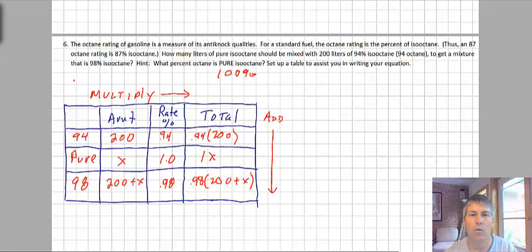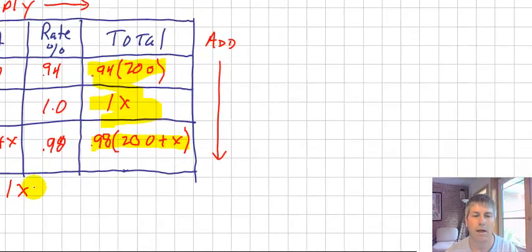So now we can set up our equation. Our equation is the addition of the total column to our final total amount. So our equation is the amount of 94%, so 0.94 times 200 plus 1x equals 0.98 times 200 plus x.